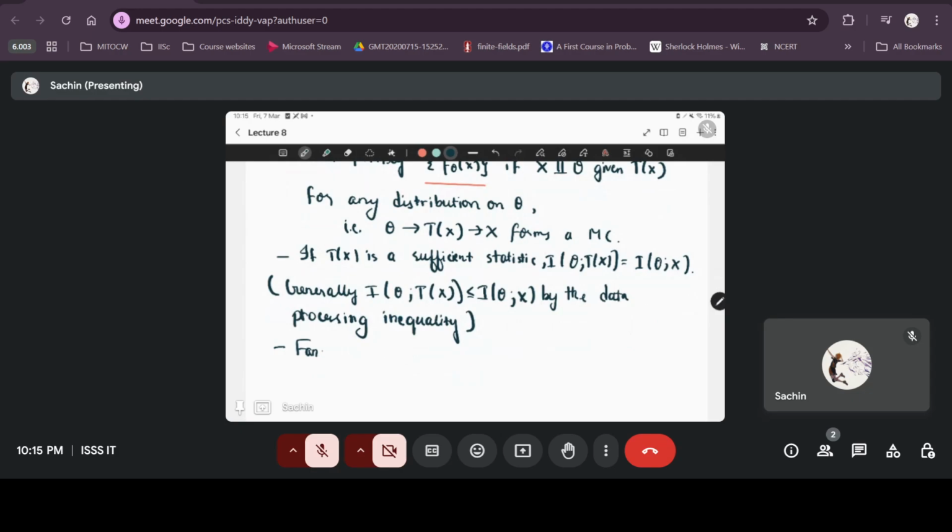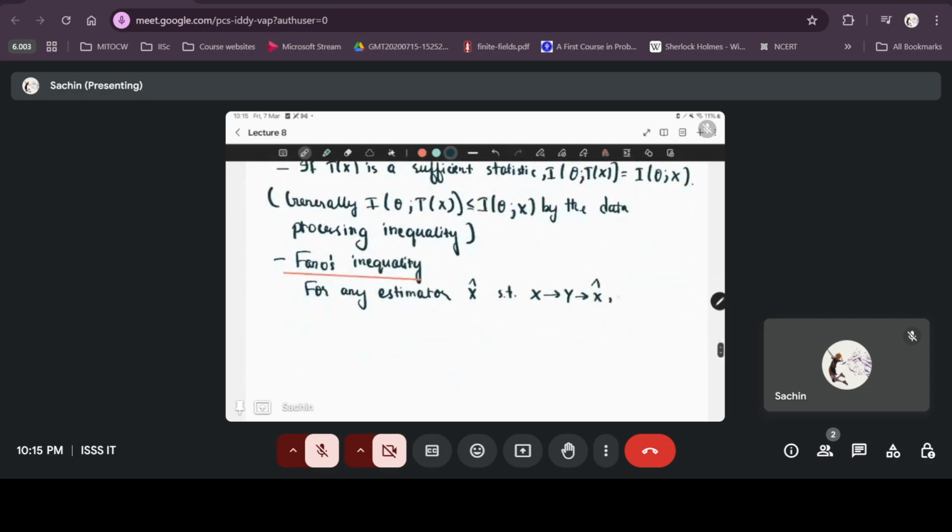Then we also saw Fano's inequality. For any estimator x hat such that x, y, x hat form a Markov chain, with p by definition the probability that x is not equal to x hat, we have a bound on H of x given x hat.